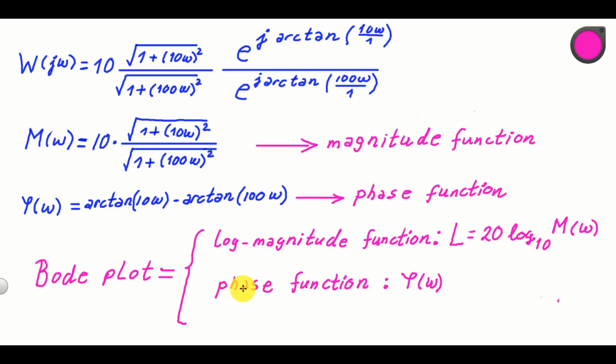Then the second graph in the Bode plot is the graph of the phase function phi of omega. Consequently, when someone asks you to plot or generate a Bode plot of a transfer function, you first of all need to generate the log magnitude function graph, which is defined like this, and you need to generate the graph of phase function phi of omega.